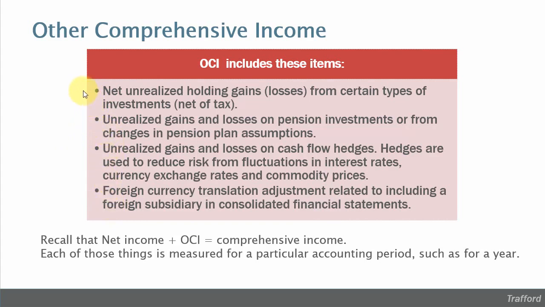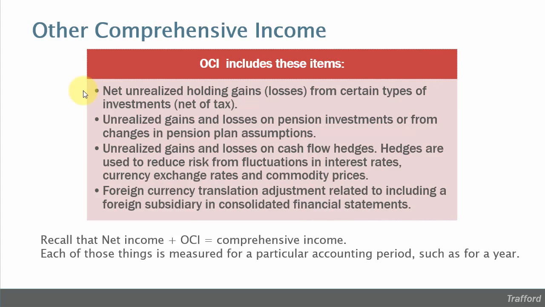Let's just take a look at the first bulleted item here, because this is probably the most common type of OCI for most companies. So this first bullet says that an OCI item would be net unrealized holding gains or losses from certain types of investments.